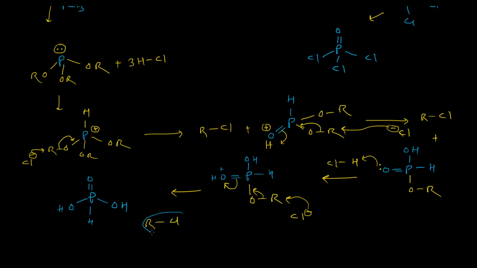Right? So we are getting one molecule of alkyl chloride, two molecule, and here is our third molecule of alkyl chloride. Right? So this is the mechanism when PCl3 is used.